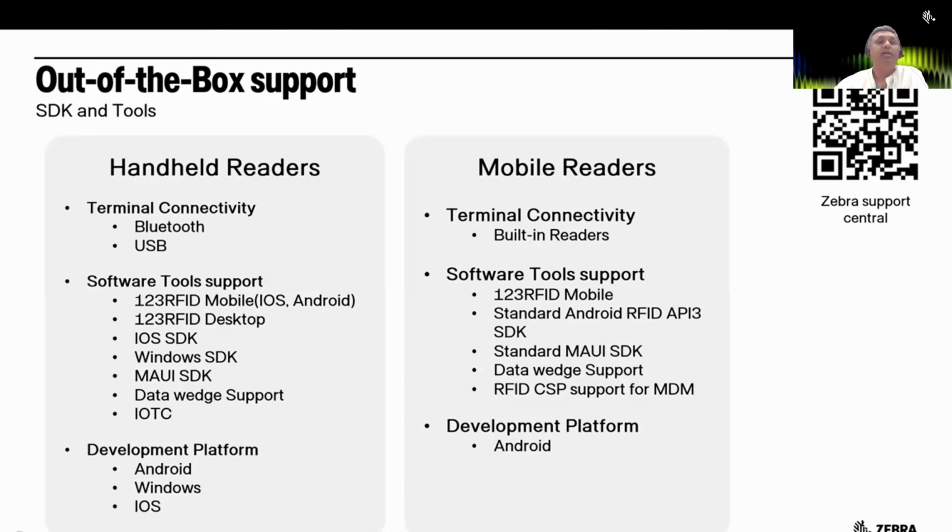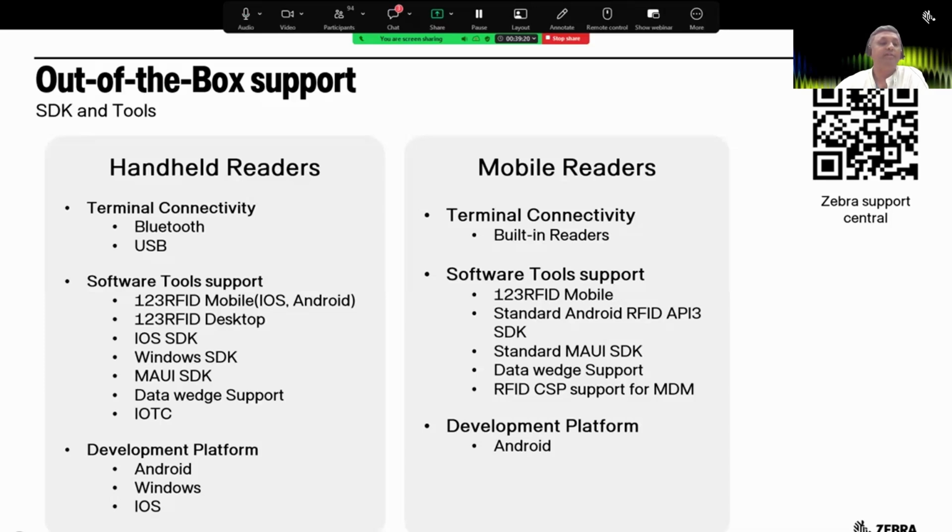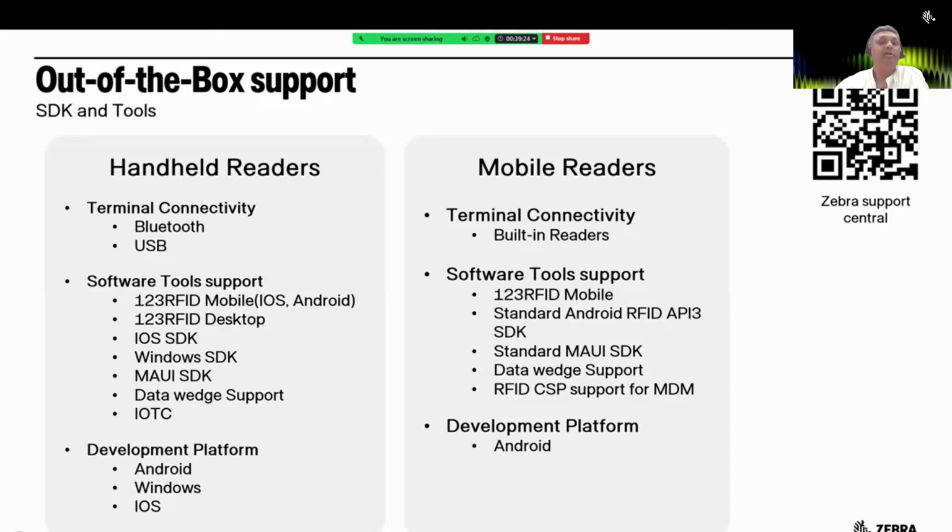Then we have SDK support to integrate and develop the applications or the use cases on various platforms, like iOS and Windows. And we also have the MOI SDK to offer the common development environment across platforms, right?